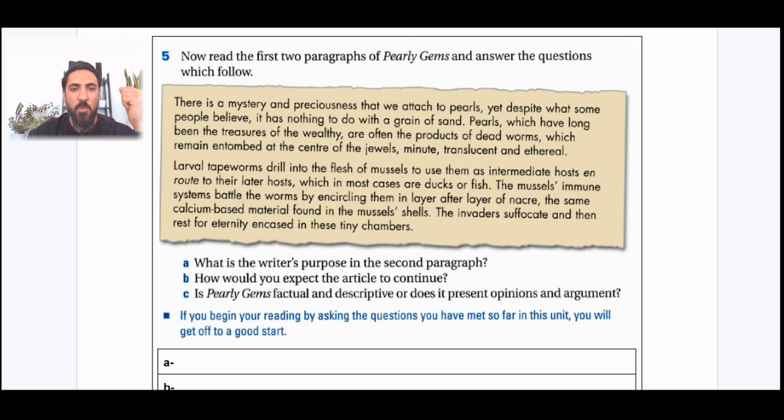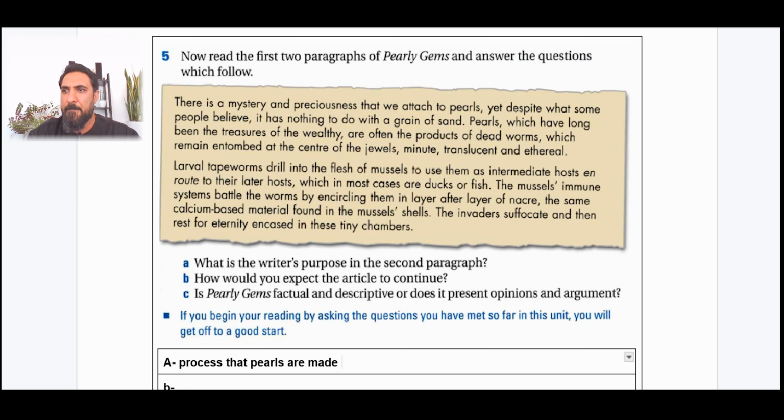Now, what is the writer's purpose in the second paragraph? You can absolutely understand that the writer's purpose is to explain the process of how pearls are made. It explains the process that they drill into the mussels and the fish eat them and stuff like that.